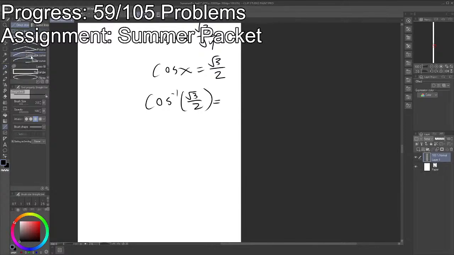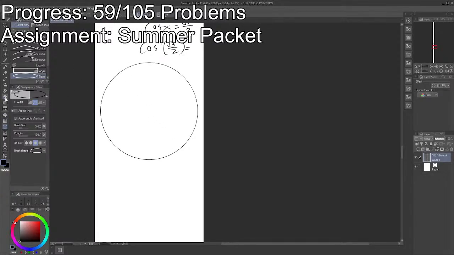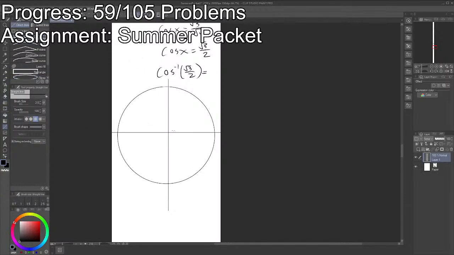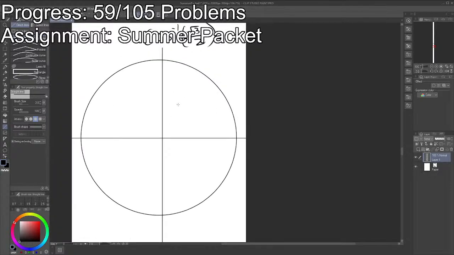You draw it out. Should be 30 degrees right here.